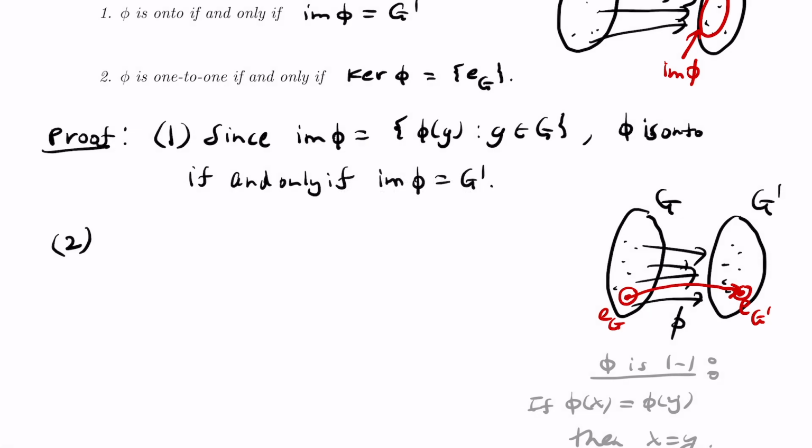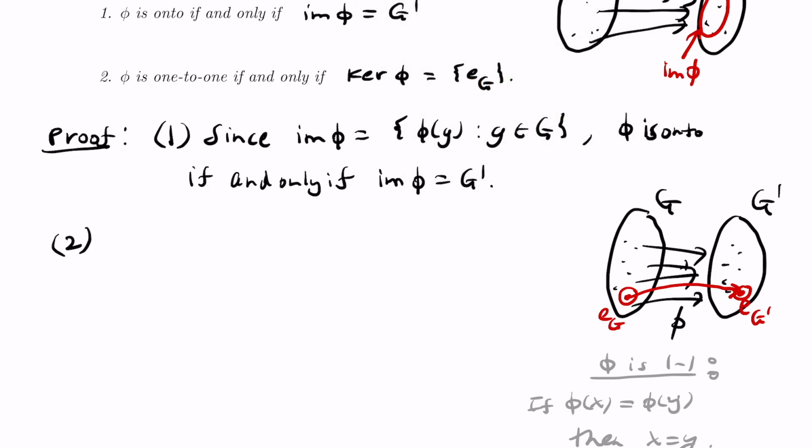So to start, we're going to look at an equivalent way of talking about the equality of phi of x and phi of y. That might be to our advantage for proving that phi is 1-to-1 if and only if the kernel of phi is only this one element E of G.